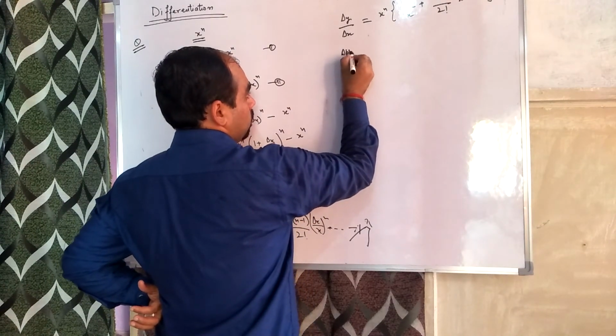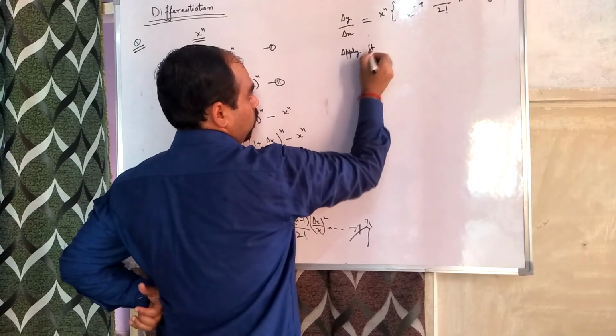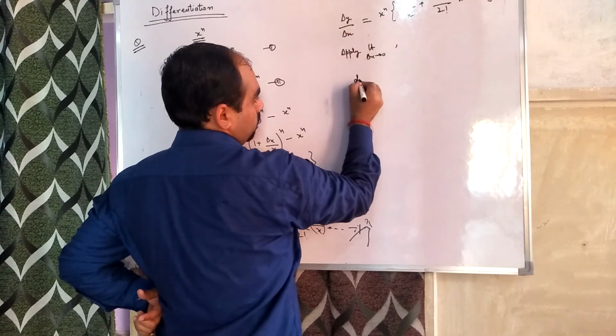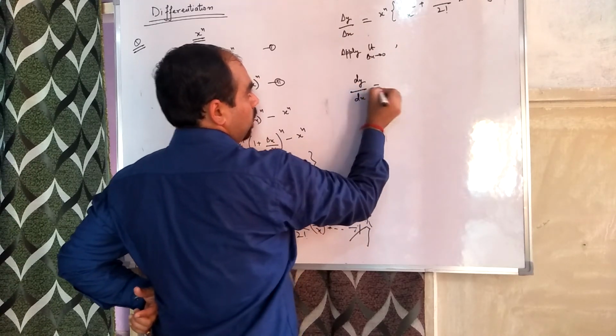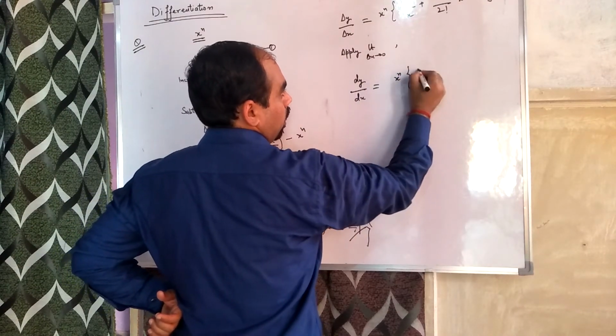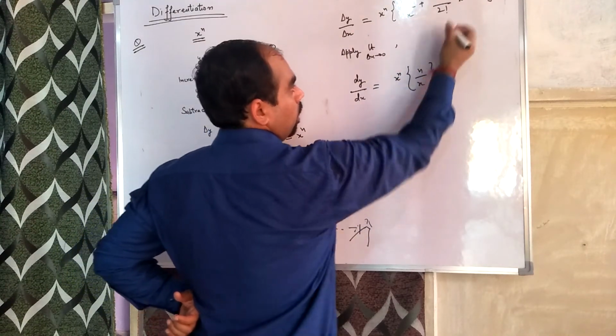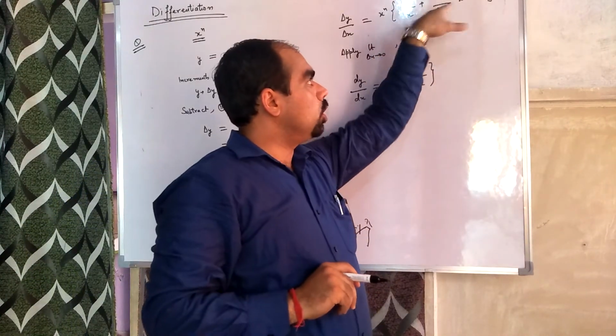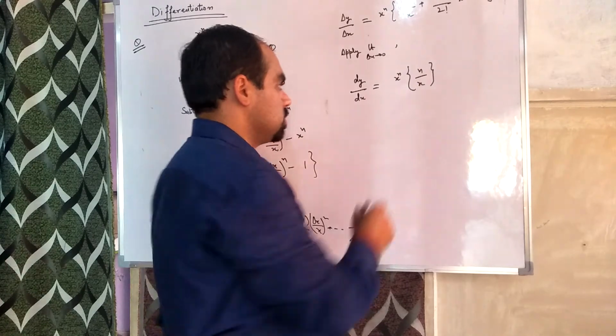Applying limits. Limit delta x approaches 0. This will become dy by dx, ये dy by dx बन जाएगा x^n into n by x. इसमें जब delta x approach करेंगे 0, this will become 0. So all the other terms will become 0.